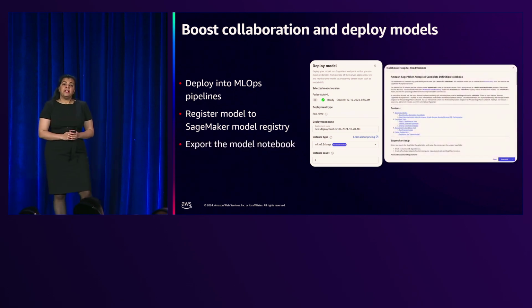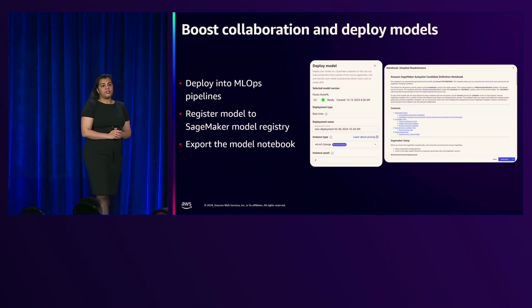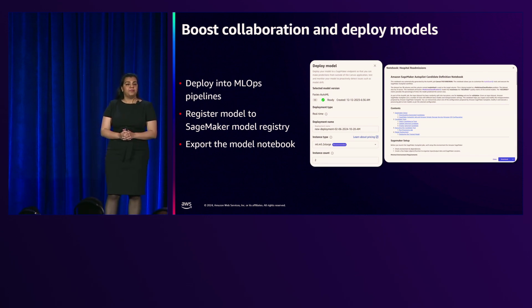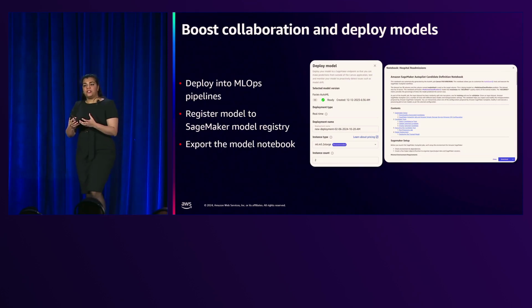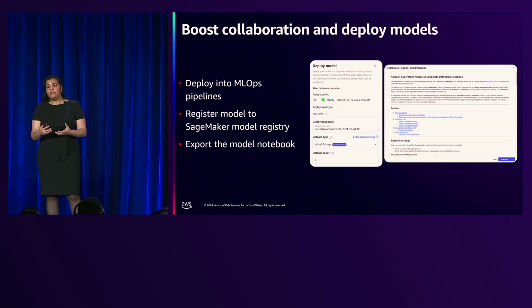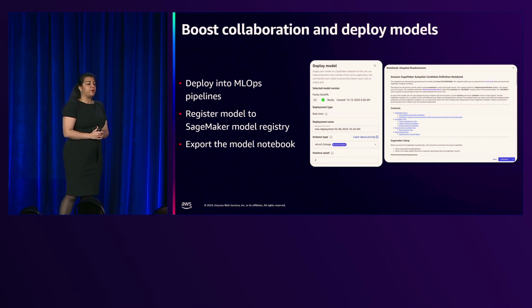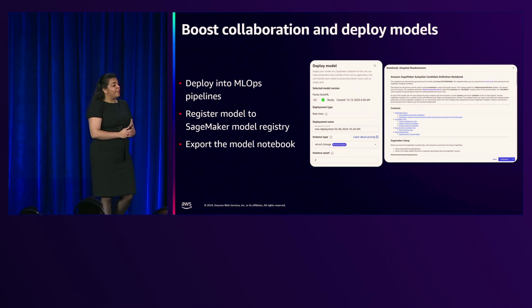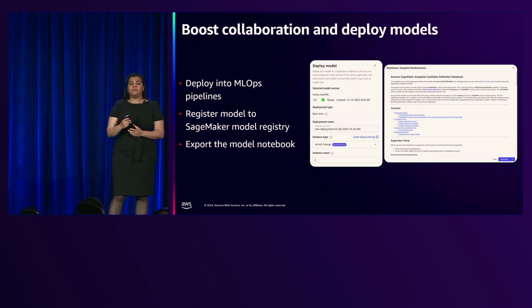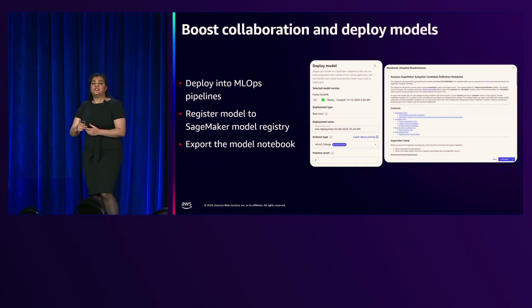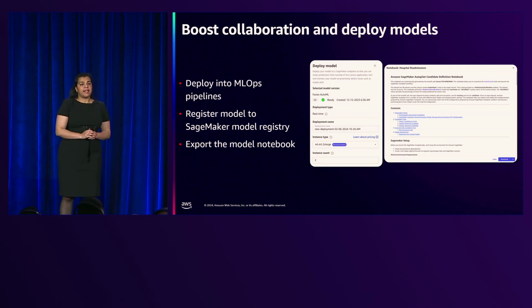All of the models can be deployed to the SageMaker model registry, which serves as the backbone for ML ops processes. You can think of the model registry as a place where models are centrally cataloged, approved, and used to promote into production. You can also export the code in Jupyter Notebooks and share these Jupyter Notebooks with your data scientists.